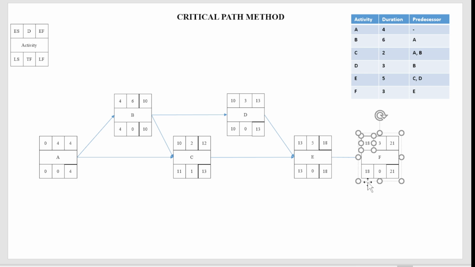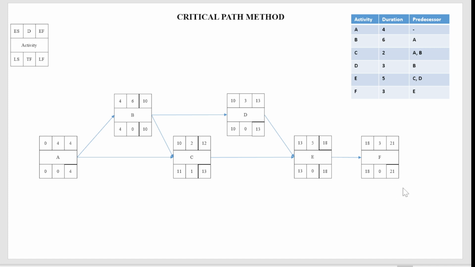What total float actually means is, suppose you are working on any activity, it is the duration by which you can delay that activity so that the rest of the activities in your sequence are not affected. For example, if you have some buffer in your activity, even if you delay by some days, your project is not going to be affected.